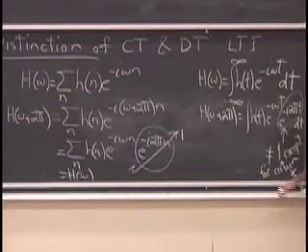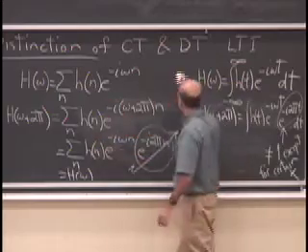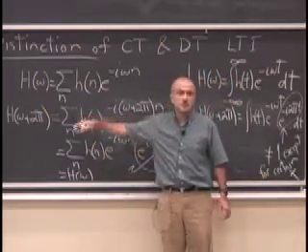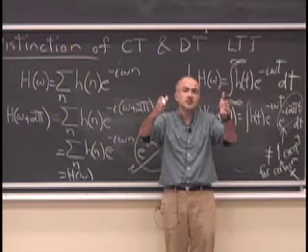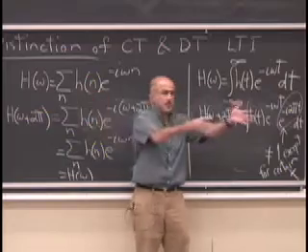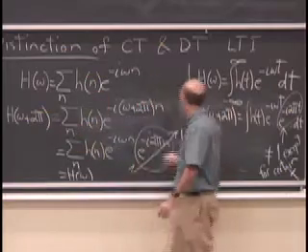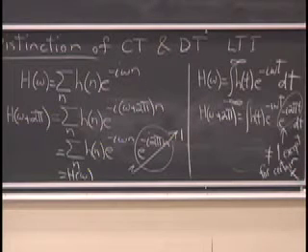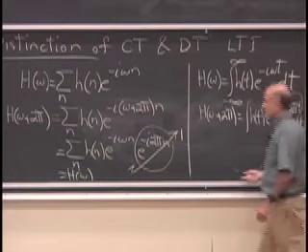And so in discrete time, we had the situation where all you had to do was plot the frequency response over an interval of length 2 pi. Because this function is periodic, you didn't have to worry about all the rest. But in continuous time, when you're asked to plot the frequency response of a filter, you have to do it for all frequency, minus infinity all the way to infinity. So that's very important.